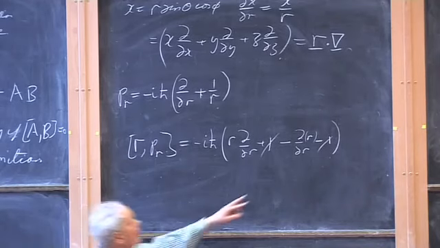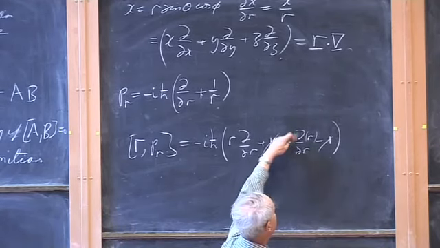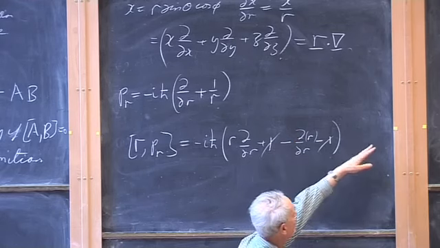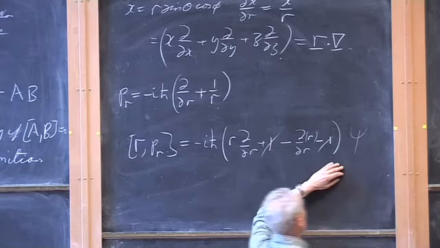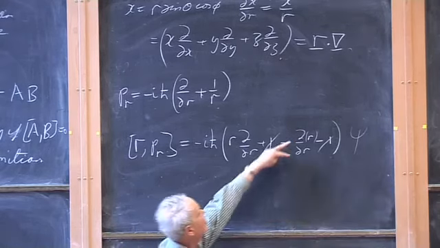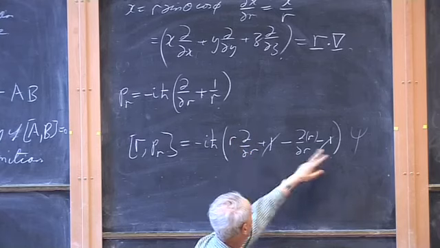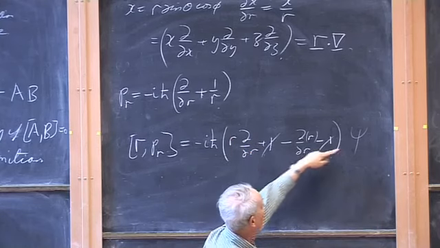Right, now as I say, what does this mean? This means d by dr of everything to its right. And there's a phantom wave function here waiting to be operated on. So this is the derivative of r of psi. When we take the derivative of the r, we get 1 times psi. And then the r stands idly by, and we do the gradient of psi. The second term cancels on this because r times the gradient of psi is occurring here with a plus sign, and there it will be occurring with a minus sign.